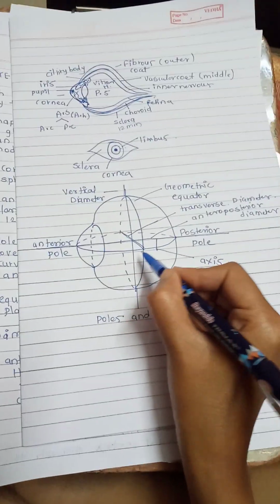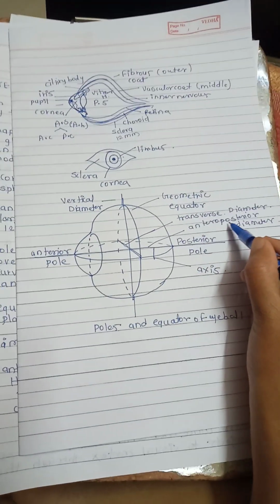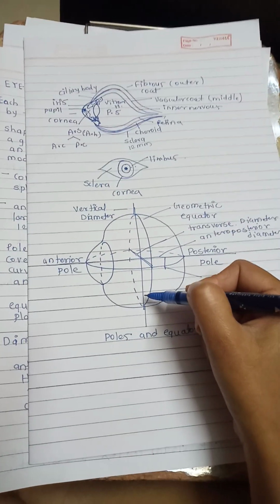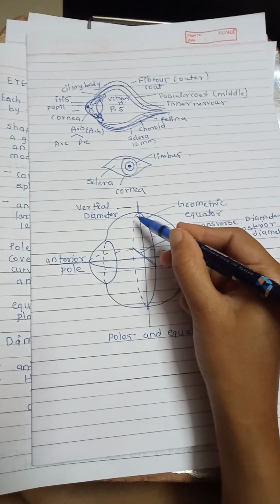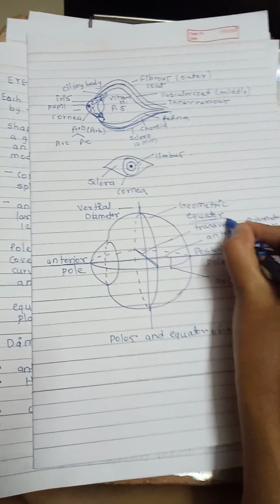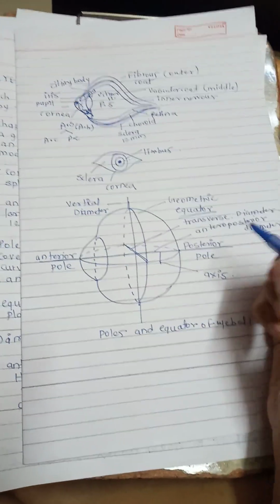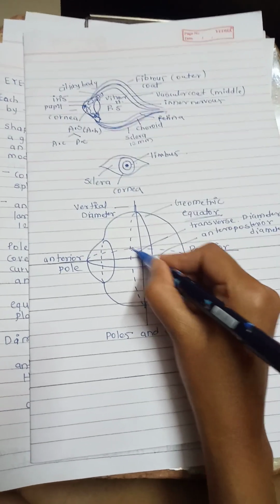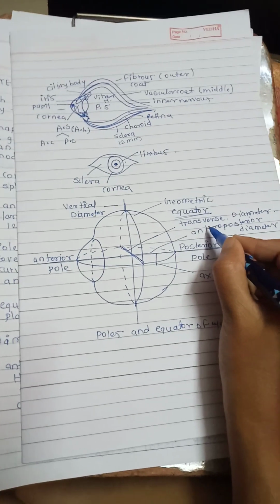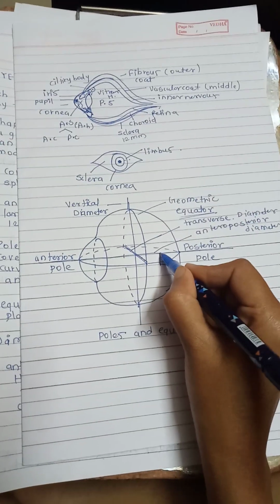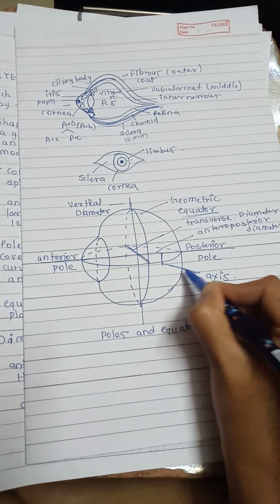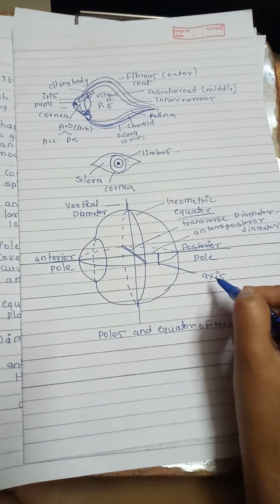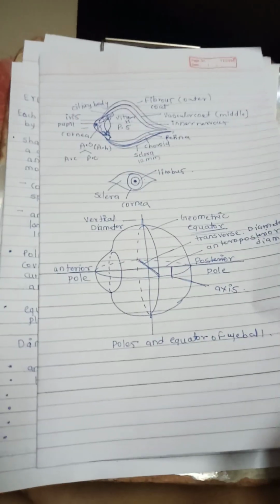That distance is called the anteroposterior diameter, and this vertical diameter is the equator, the geometric equator. This part is called the transverse diameter, and this central diameter is called the axis.